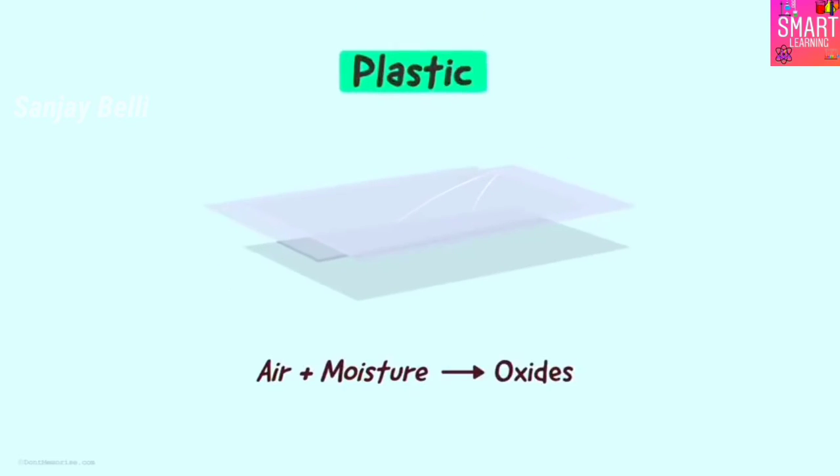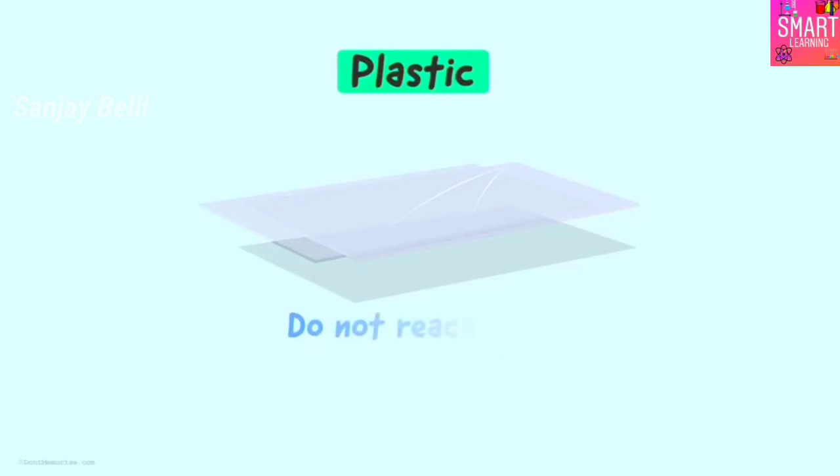But plastic does not show a tendency like this. In fact, plastic does not react with air, moisture or even chemicals for that matter. As a result, no rust is formed. Hence, they can be widely used to store various types of liquids and chemicals.